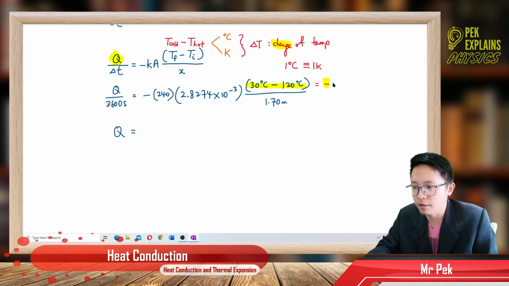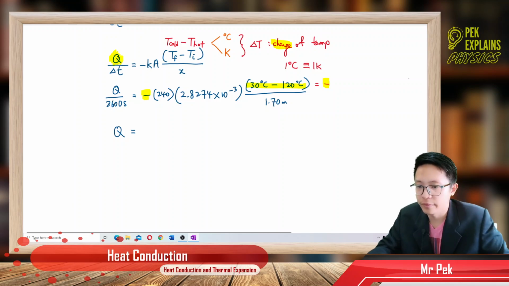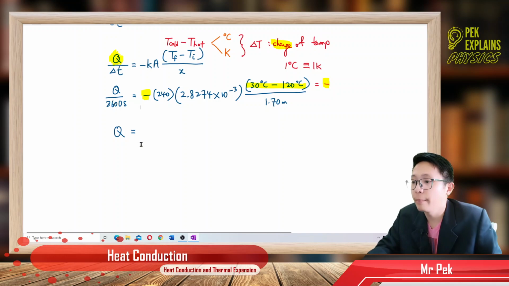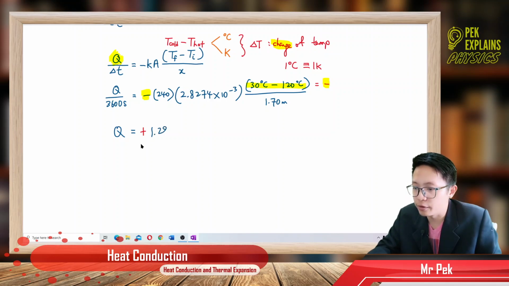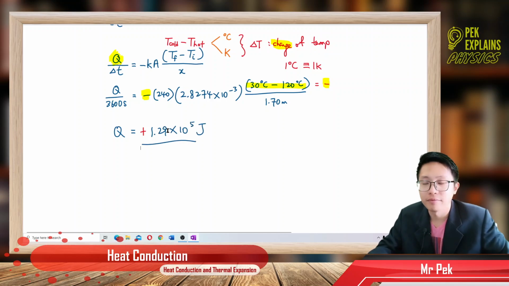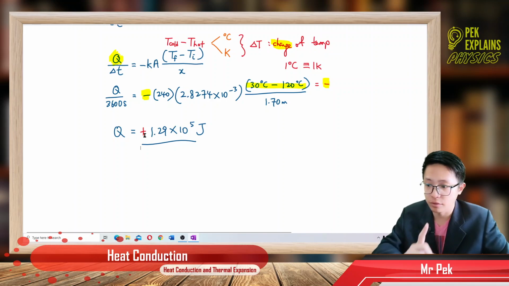So when negative is multiplied by a negative here, the heat always gets a positive value. So heat is equal to 1.29 × 10^5 joule. Heat always gets a positive value.